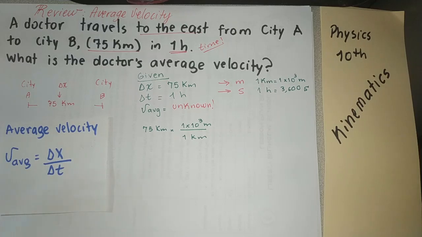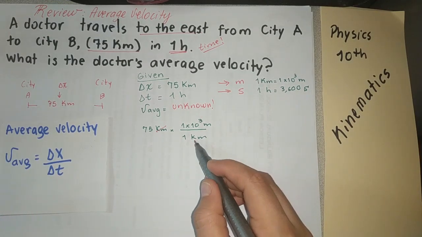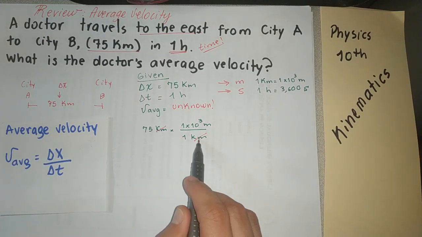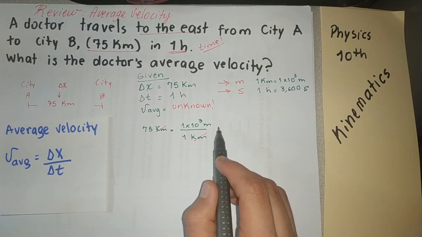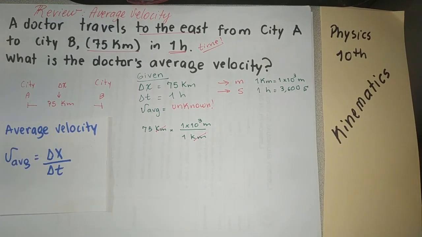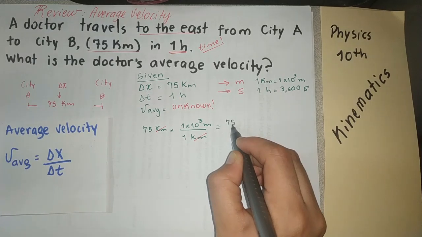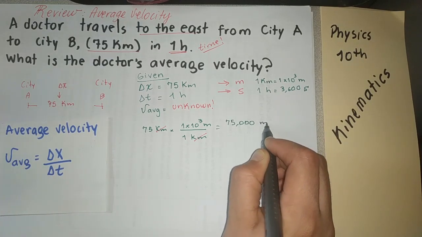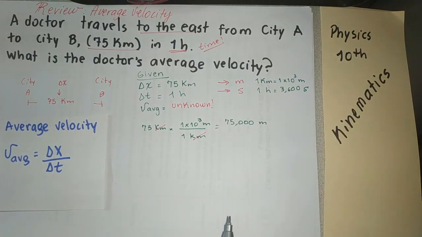I cancel the units because they are in opposite directions. This is on the top and this is on the bottom, so the units are canceled. So the final answer will be 75,000 meters. Remember to keep your calculator close to you.